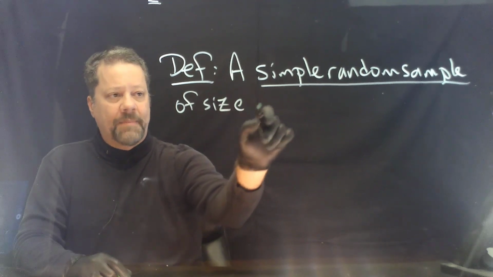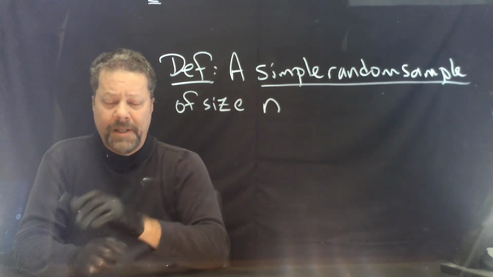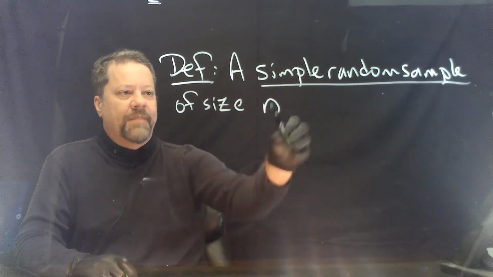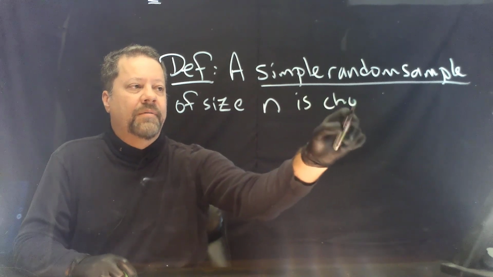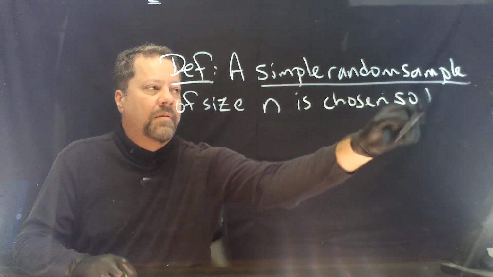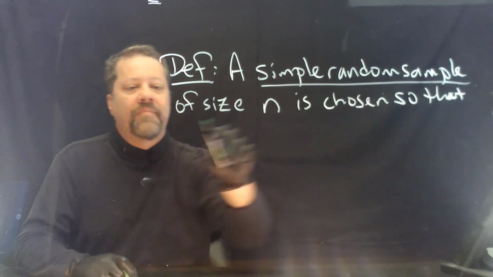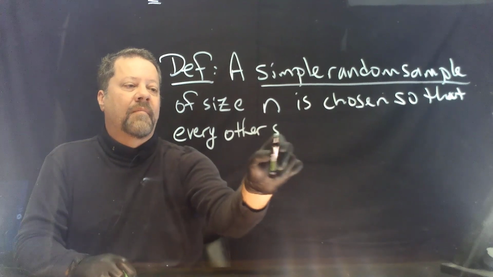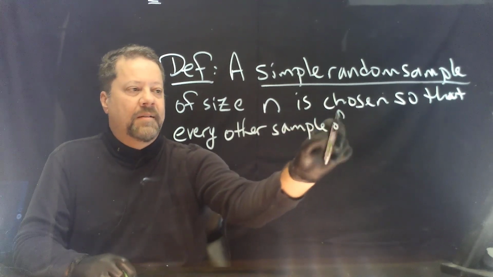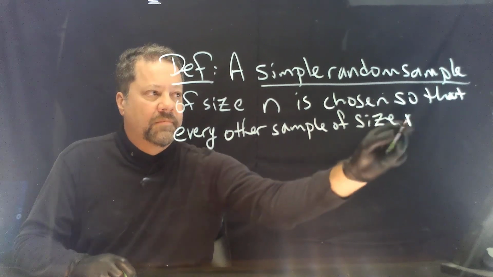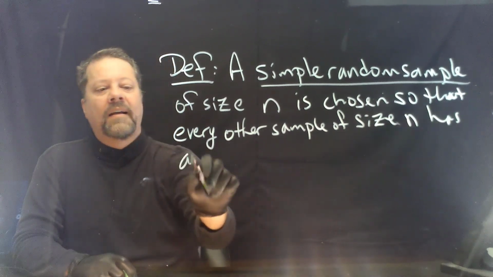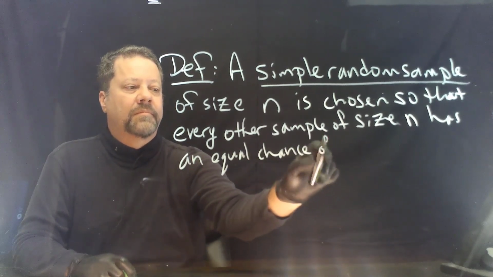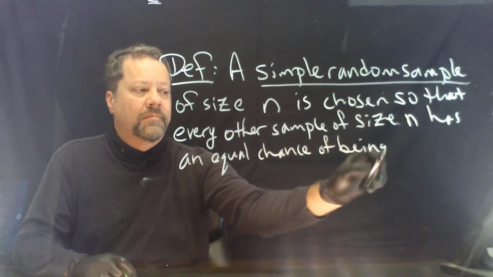A simple random sample of size n, where n could be some number like 30 or 30,000, is chosen so that every other sample of size n has an equal chance of being chosen.